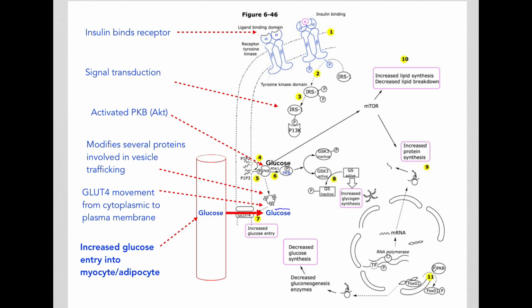Once the glucose is in the cytoplasm, it can be converted into glycogen or protein in case of muscle, or into fatty acids in case of adipose tissue. And so this will make the glucose concentration in the cytoplasm of these cells very low compared to the concentration in the bloodstream, which is very high after a meal. And this difference will lead to a concentration gradient which will encourage glucose to enter the cell.